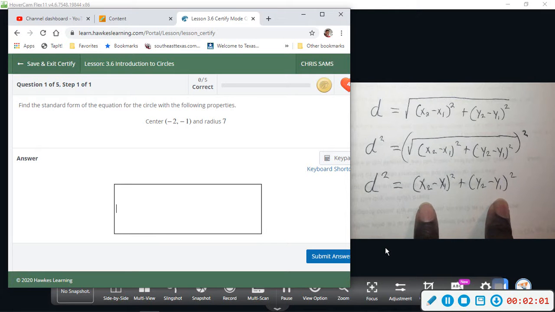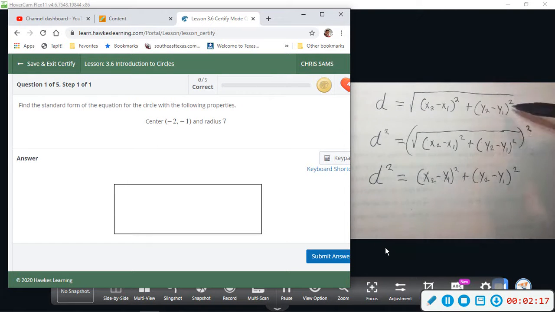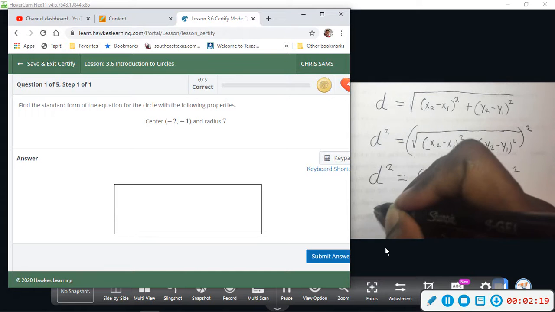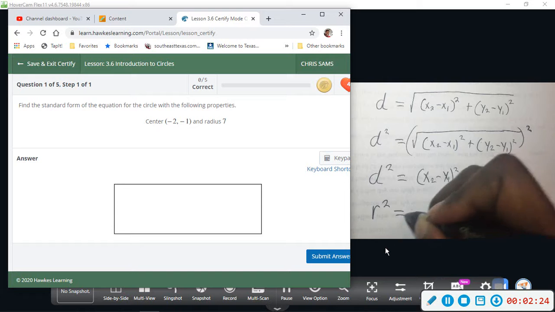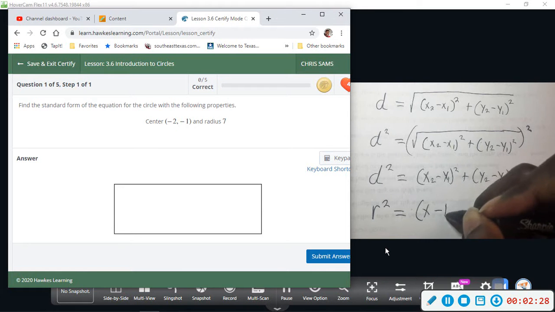So instead of using 2 points, we're going to use 1 point. So we're going to call this x1, and we're going to change this to h, this to a k, and then this to an r, and that will be our formula of a circle. So it basically comes from the distance formula. Instead of d, we call this r squared for radius, and then we call this x minus h.